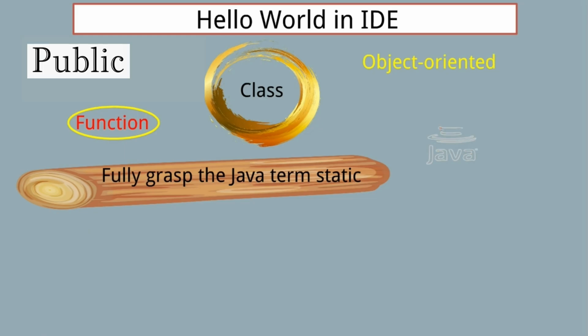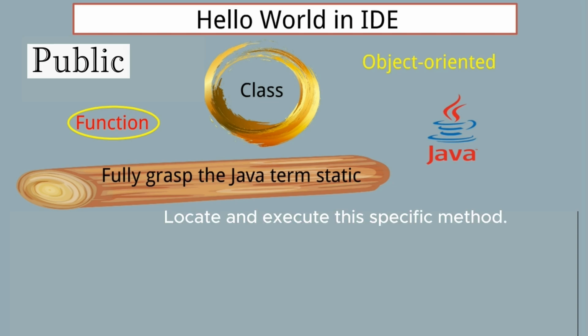For now, just know that static is necessary for Java to locate and execute this specific method. The next keyword, void, indicates that the method will not return any data. We will explore this in more detail later.